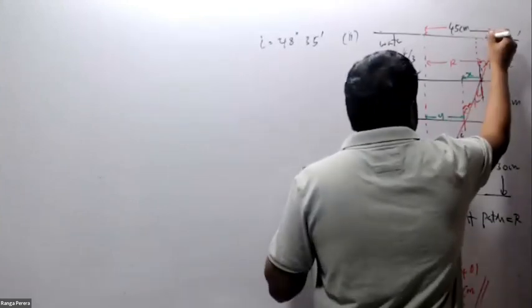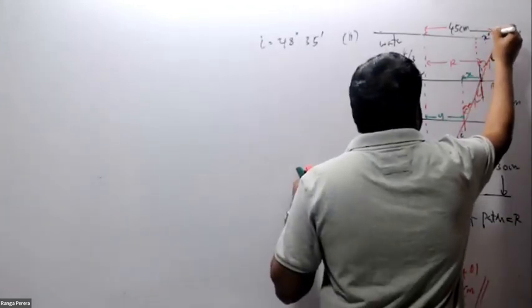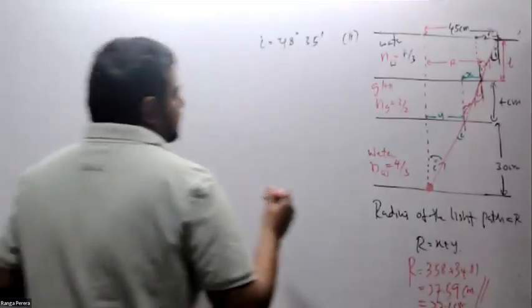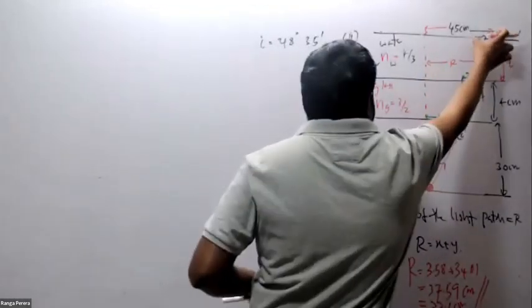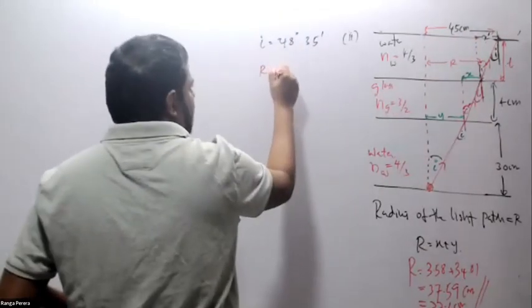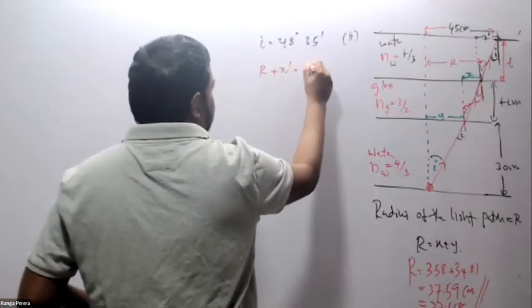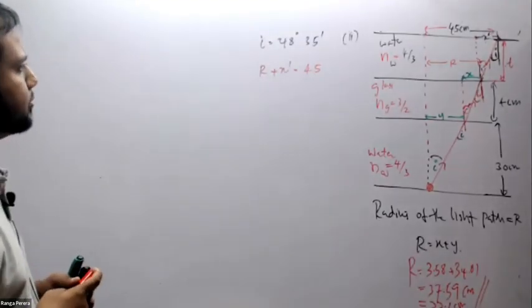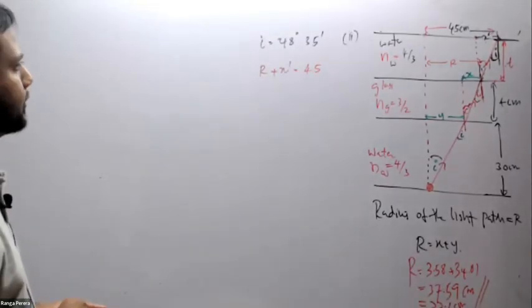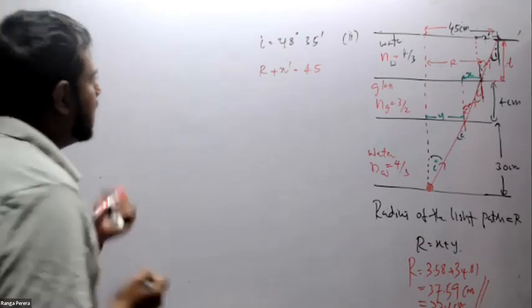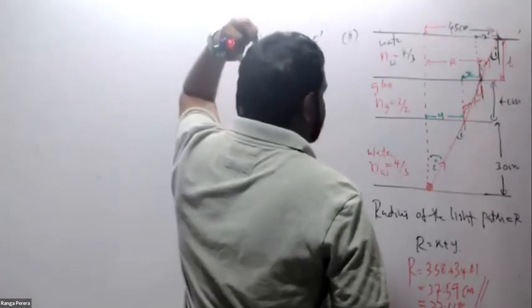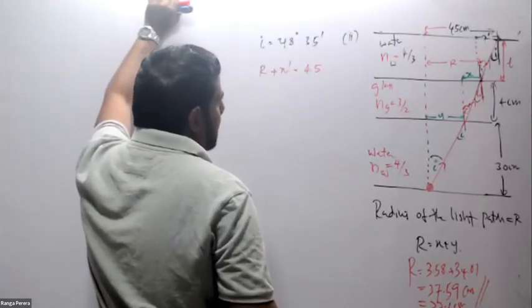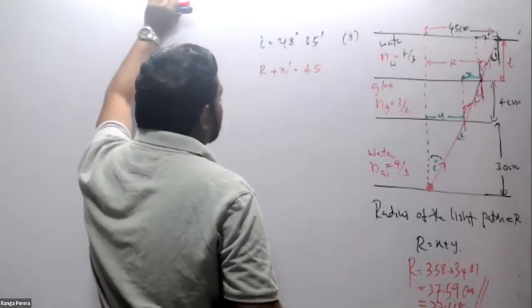For every part, you have to draw this. Let's say x dash. R plus x dash must be equal to 45 centimeter.